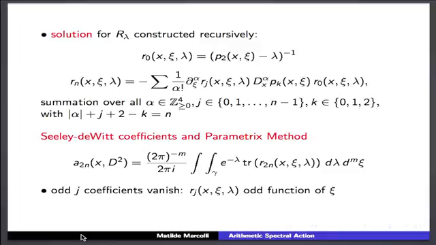And so you can recursively solve this and come up with expressions for the terms of the parametrix that depend on derivatives of the starting piece of the recursion, which depends on the leading symbol, and then derivatives of the homogeneous pieces of the symbol of the square of the Dirac operator.